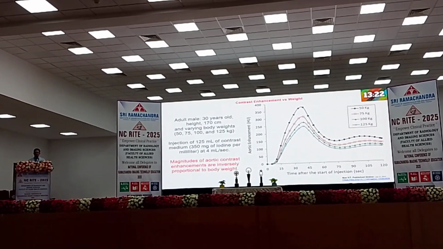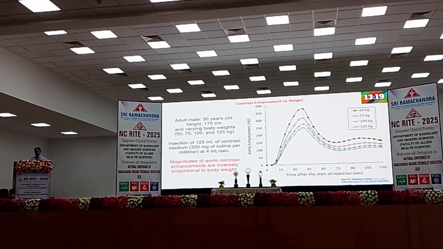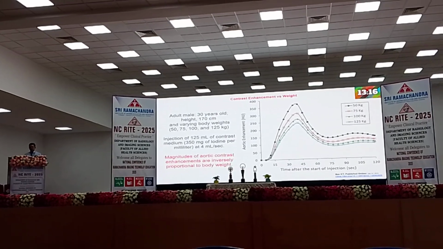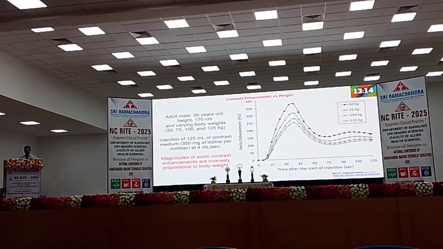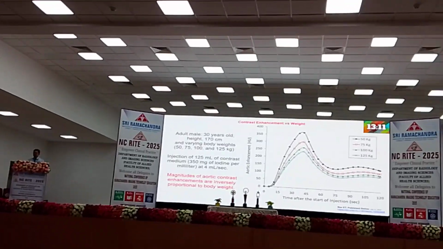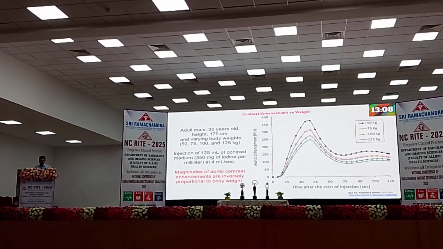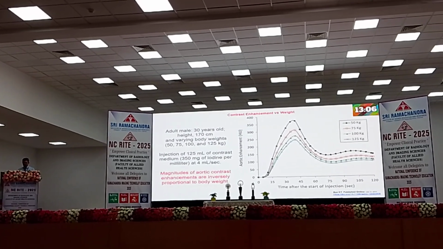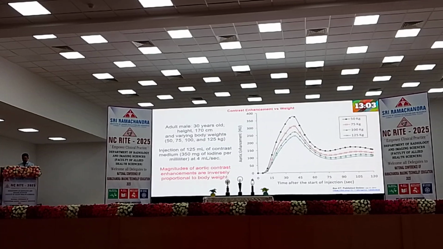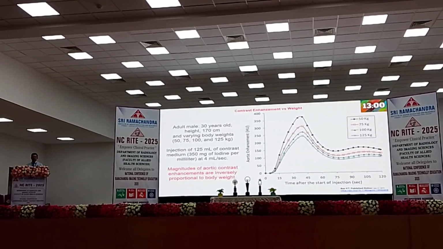Whatever example I do in further slides, all the patients are 30 years old and 170 centimeter height. Each contrast enhancement curve you see in the graph is one patient: the black one is the 50 kilo patient, the red one 75 kilo, the green one 100, and the lowest one in the graph is 125 kg.